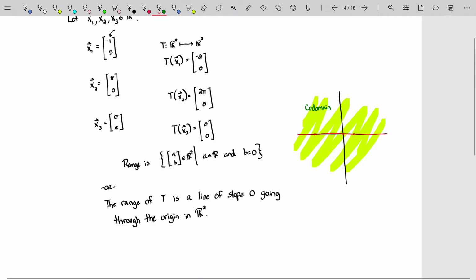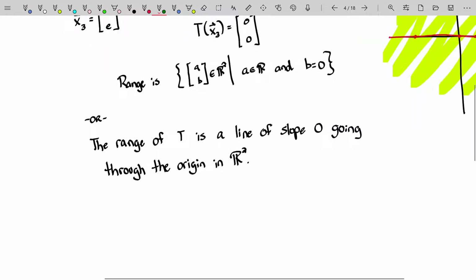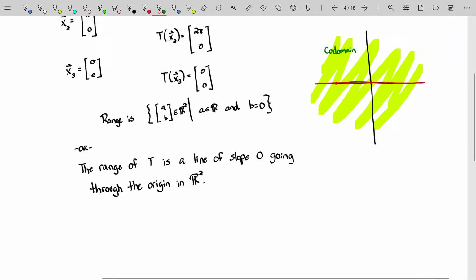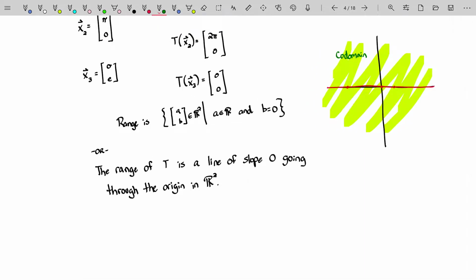And I kind of wrote it in a weird way. I said the range of T is a line of slope 0 going through the origin in R squared. Well, the reason why I write it that way is because if you graduate to higher dimensions here, it's really hard to say that it's the horizontal axis. That just doesn't work out with larger dimensions. So it's better just to say it's a line that goes through the origin in this space.